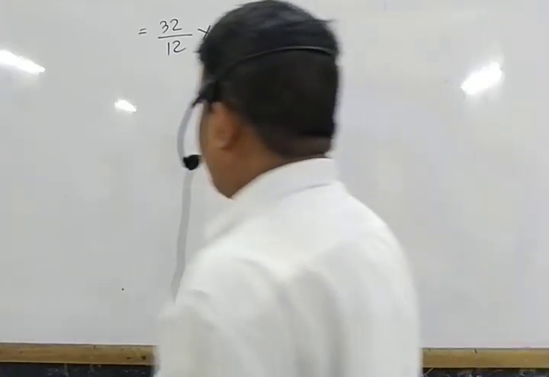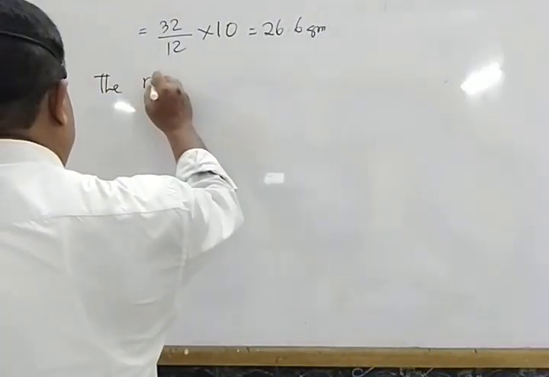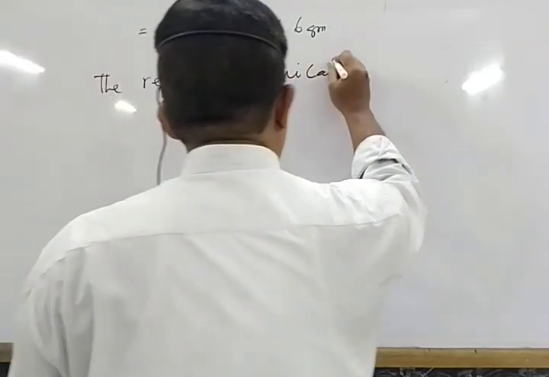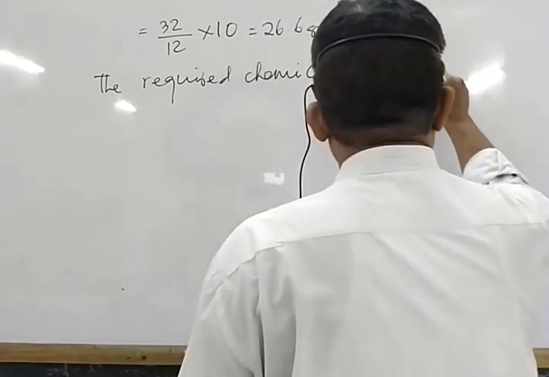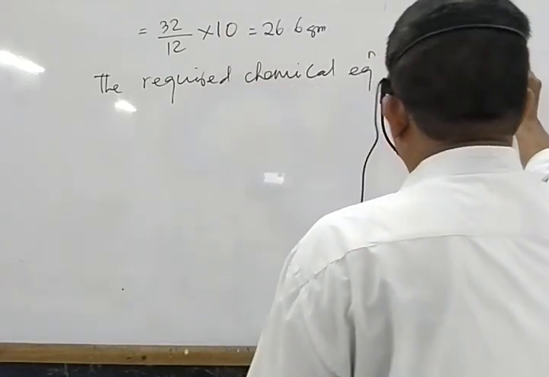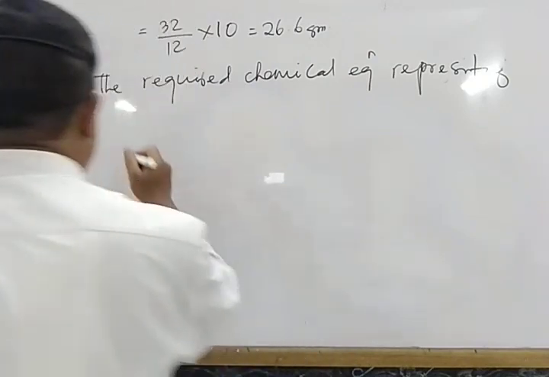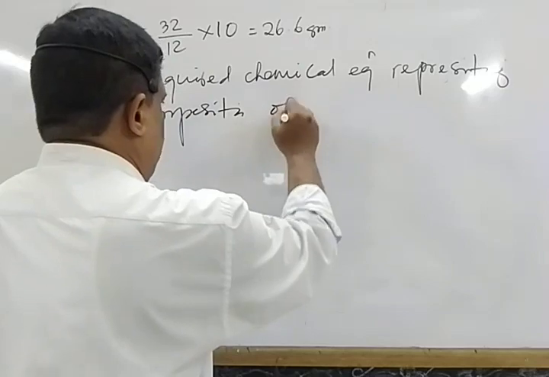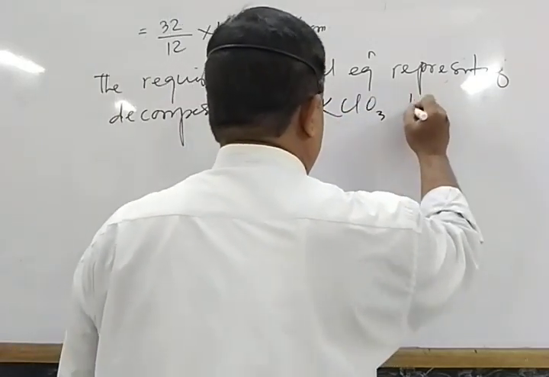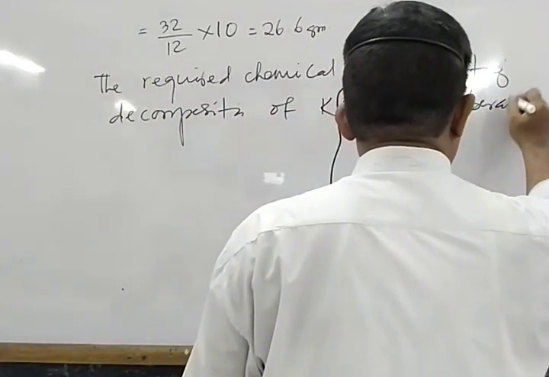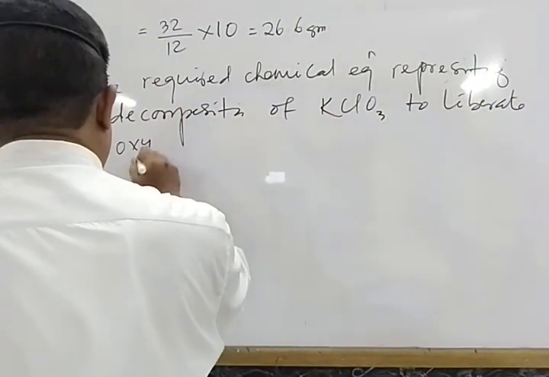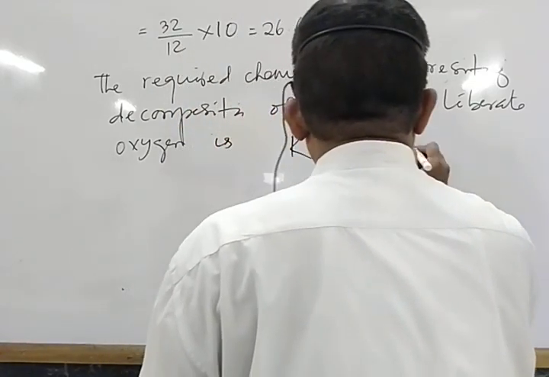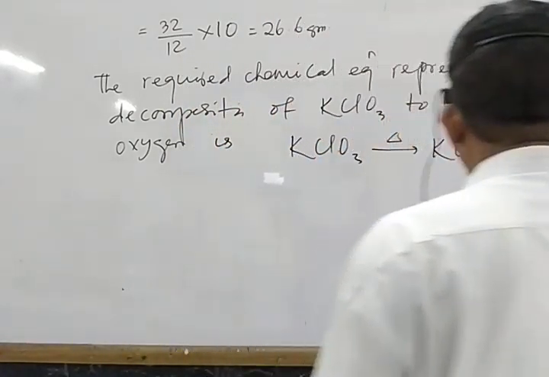The required chemical equation representing decomposition of potassium chloride to liberate oxygen is KClO3 breaking down to KCl plus O2.